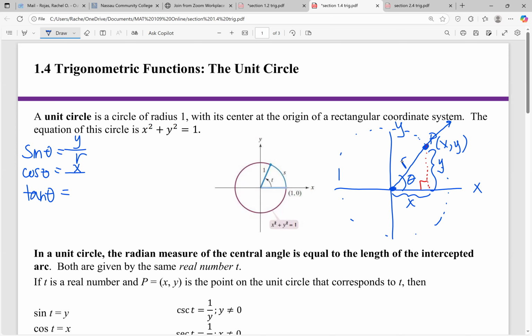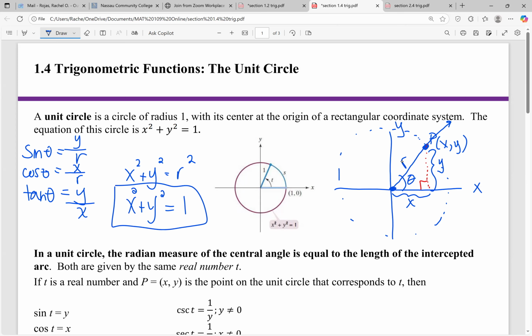Cosine theta was x over r, and tan theta was y over x, assuming radius r. And based on the Pythagorean theorem, x squared plus y squared was equal to r squared: leg squared plus leg squared equals hypotenuse squared. But in a unit circle, the radius is 1. Therefore, we're going to have x squared plus y squared equals 1 squared, which is just 1. And that's the equation of the circle.